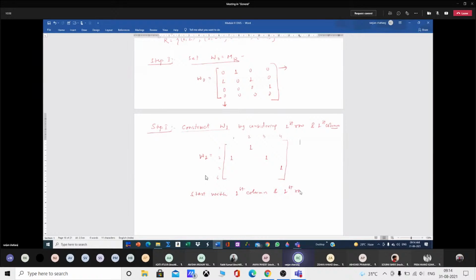Here I'm considering P_i and Q_j. In P_i, first you consider the first column. What is the position where we have 1? We have first, second, third, fourth. So what is the position? We have 1 here.